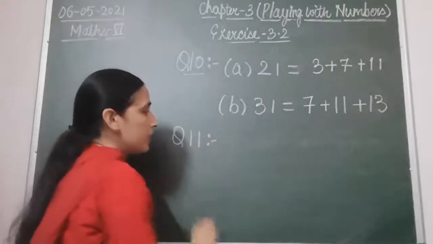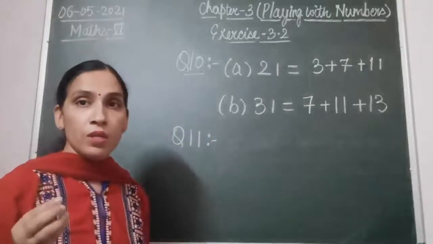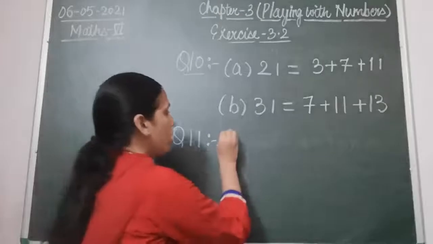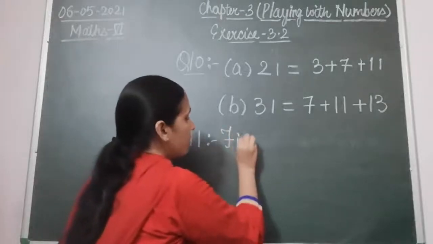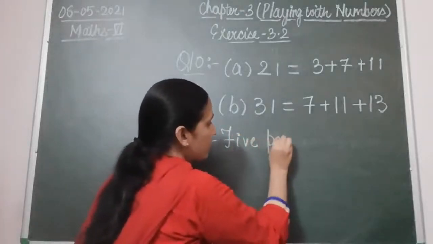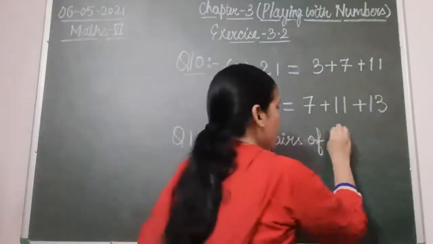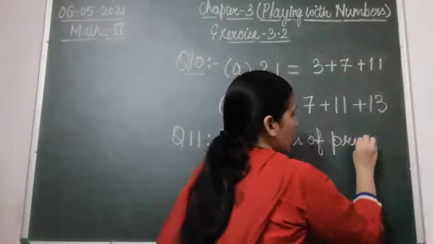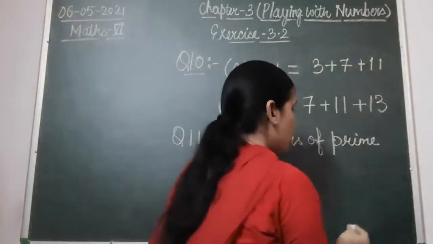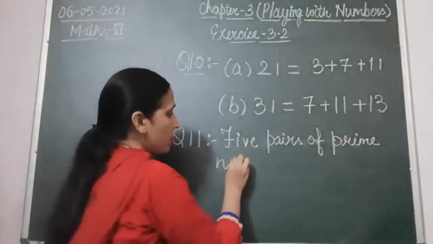You have to write 5 pairs of prime numbers whose sum is divisible by 5.